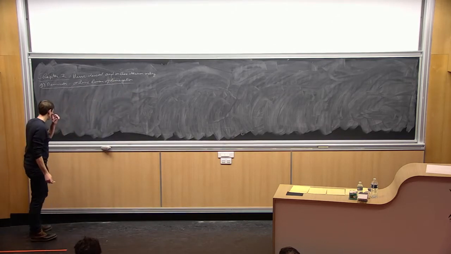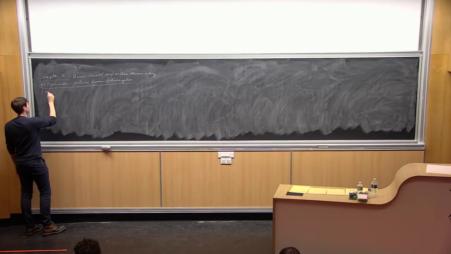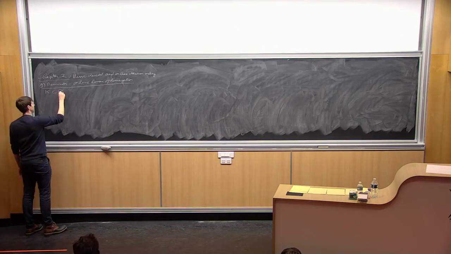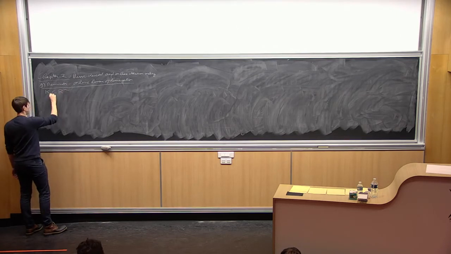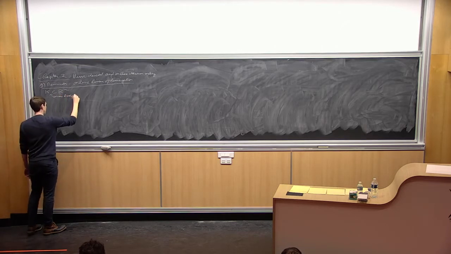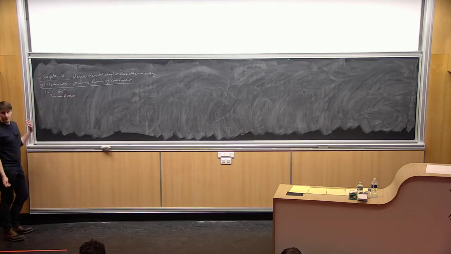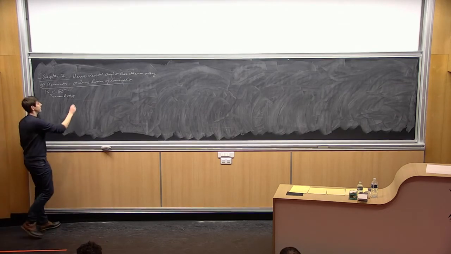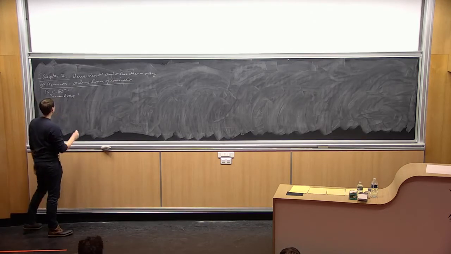So the setting is like this. K is going to be a convex body in R^n. So it's a convex set with non-empty interior and compact.